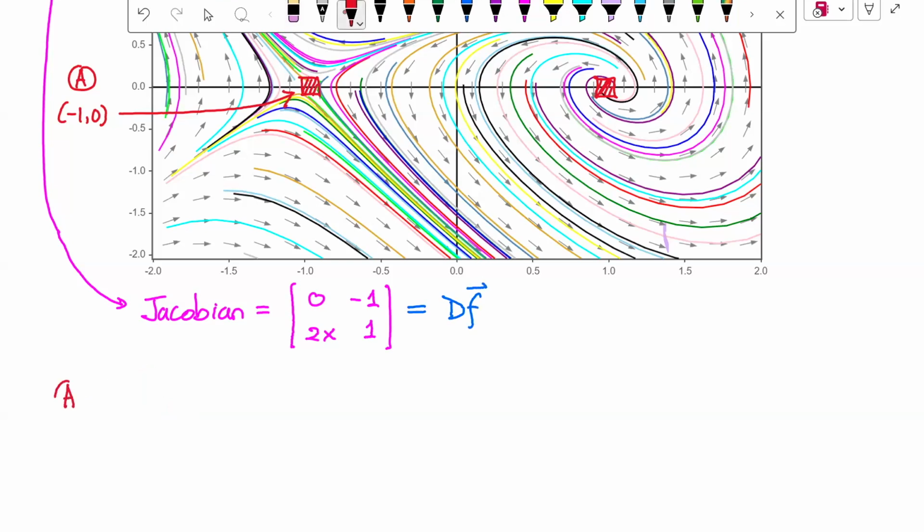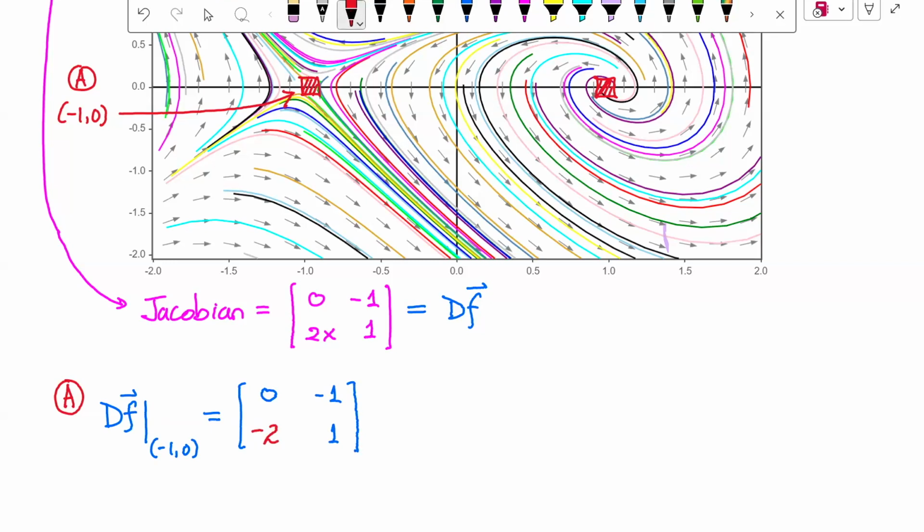So now if we're going to evaluate what that Jacobian is at the equilibrium point (-1, 0), we can write the Jacobian at (-1, 0). Plugging in those values gives us 0, -1, -1, and then the only value that's going to change is the one that depends on x. And so that is going to be -2, because x has value -1.